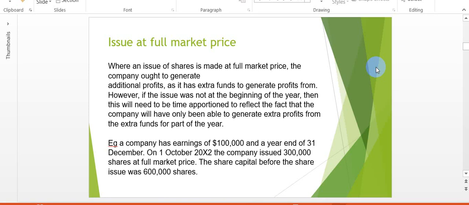If the issue of these new shares was not at the beginning of the year, then this will need to be time apportioned to reflect the fact that the company will have only been able to generate extra profits from these extra funds for part of the year.